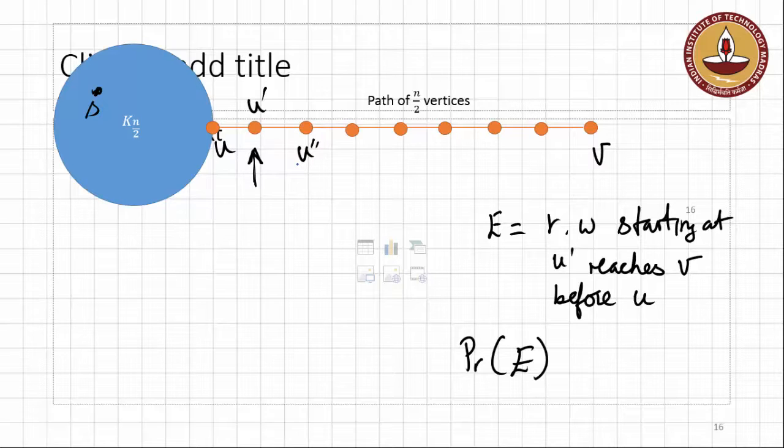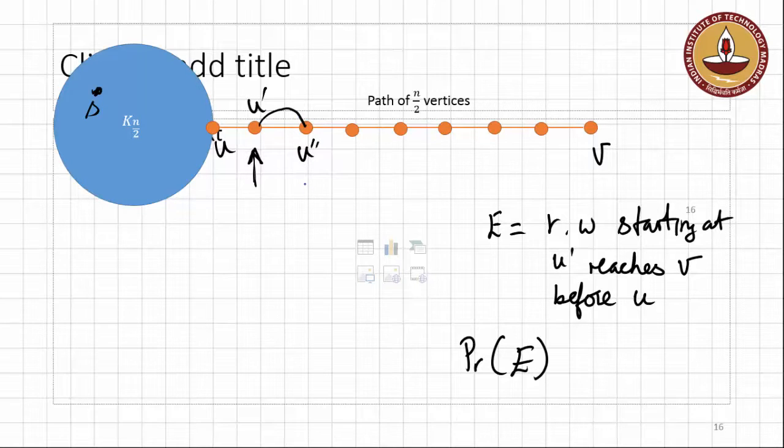Let's see whether we will reach u first or u double prime first, and that's a symmetric random walk. So these are two symmetric events, their probabilities are equal, and so with probability half, the random walk will reach u prime.